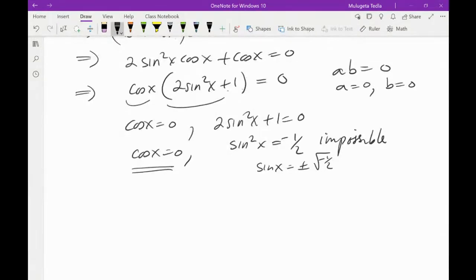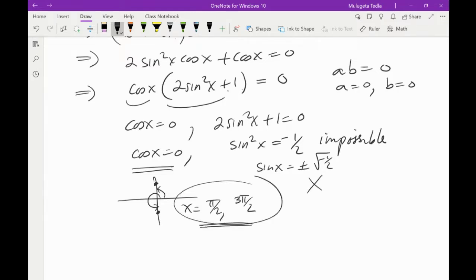Cos x equal to 0 where? It's on the vertical: this is 90, or this is 270. So x must be pi by 2 and 3 pi by 2. From the other factor, we get nothing. So these are the only solutions.